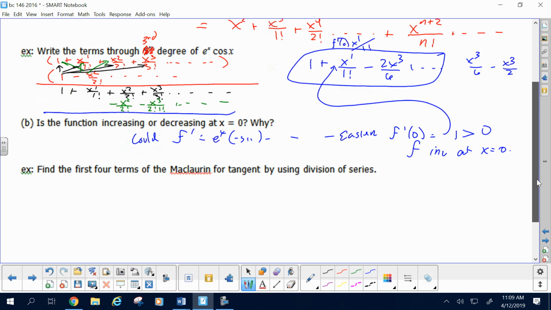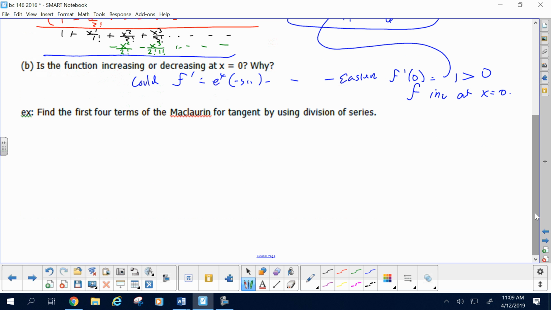All right, let's talk division. I know how you like long division. Well, we're going to long divide infinite series. That would be fun. So let's say I wanted the series for tangent. Again, I could just start taking derivatives, and you could do that.